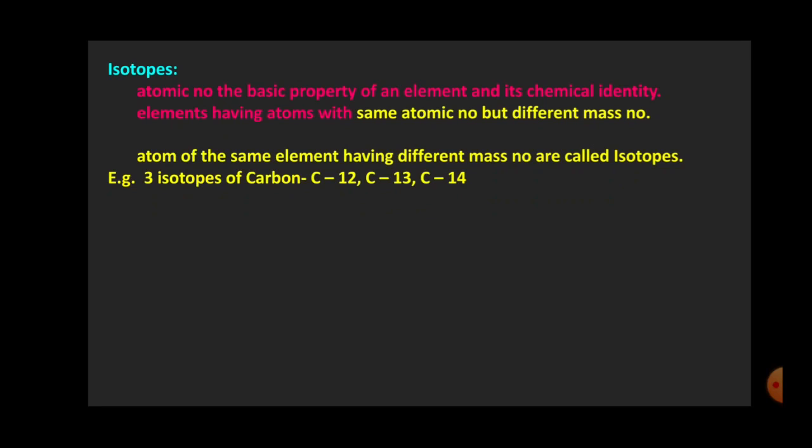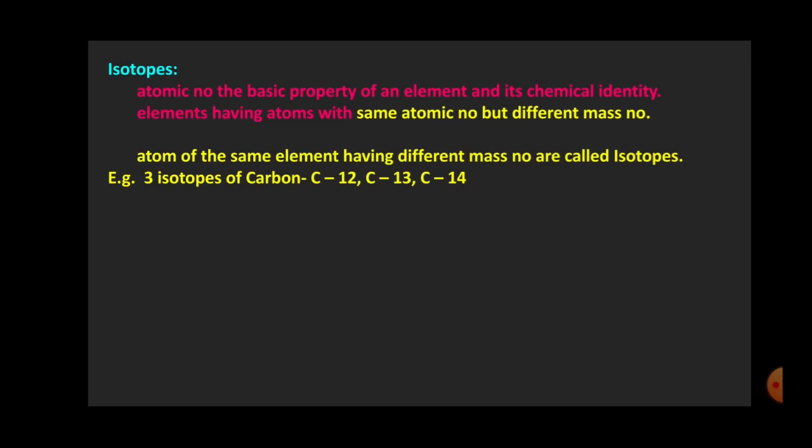Atomic number: protons or electrons. Mass number: protons and neutrons. So what is the difference? The difference is the number of neutrons. That means in these atoms, the number of protons and electrons are the same, but the number of neutrons is different. So atoms of the same element having different mass numbers are called isotopes.